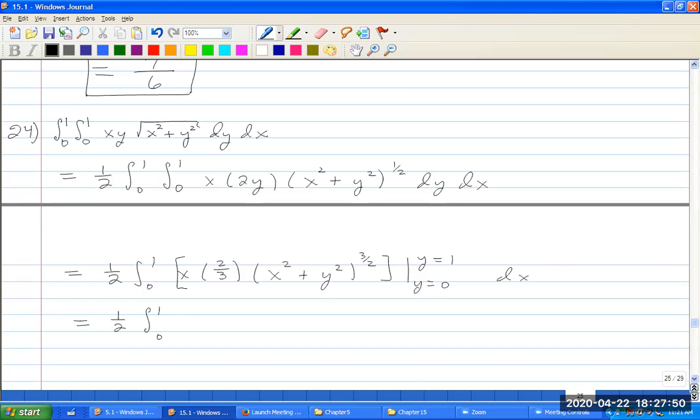So this is 2/3 x squared plus 1 to the 3/2 minus 2/3 x times x squared plus 0 squared, so that's just x squared to the 3/2, which is x cubed, dx.